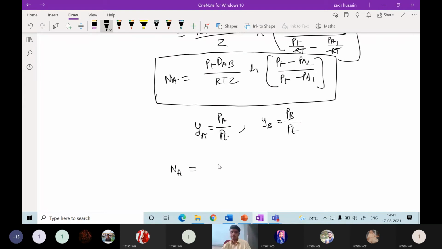Na is equal to Pt into DAB by RTZ ln, and within the ln we can divide by Pt.